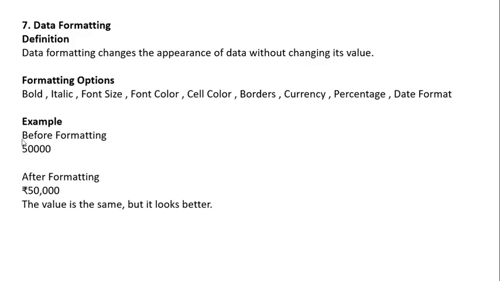For example, before formatting, 50,000 is shown plainly, and after formatting, currency signs are shown, and 15,000 shows the commas. The values are the same but they look better.